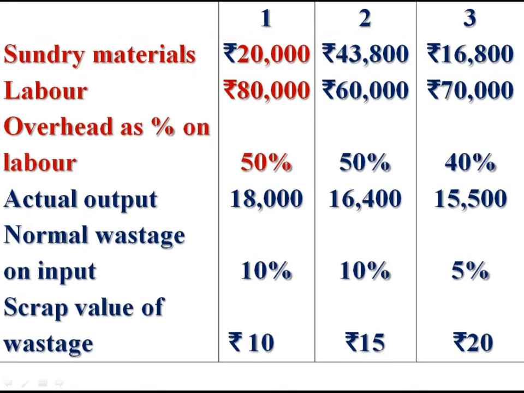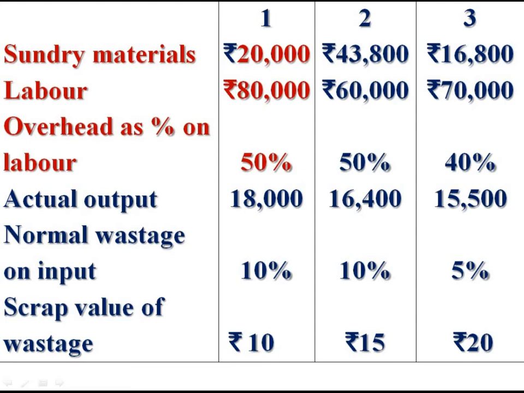Sundry materials rupees 20,000. Labor 80,000, overhead 50% on labor. Therefore, the amount of overhead in process 1 is 40,000.